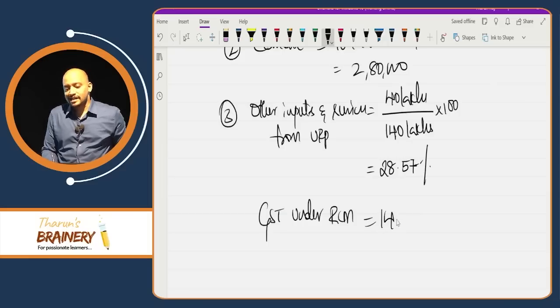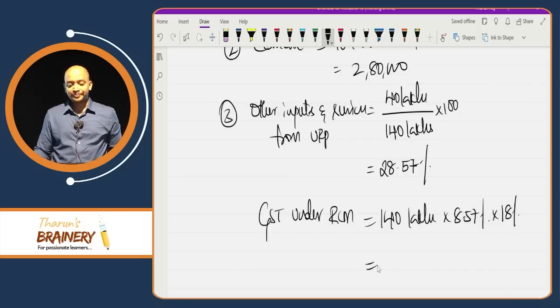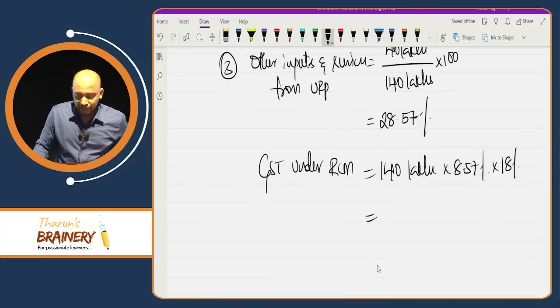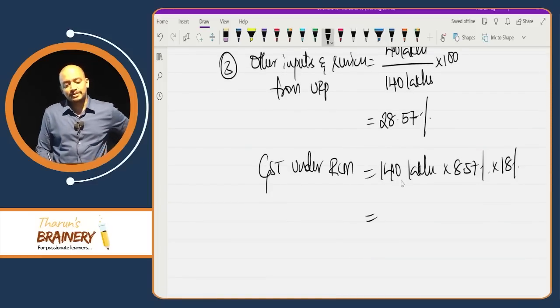So 140 lakhs into 8.57%, and this will be chargeable to GST at what rate? 18%. See how much: 140 lakhs into 8.57% into 18%.